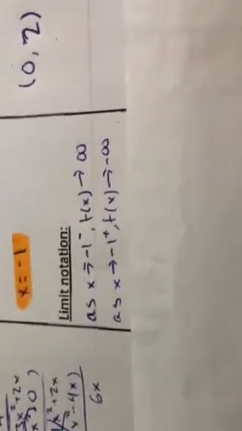To find where the asymptote is, we set the denominator equal to 0. We get x equals -1. And for limit notation, as x goes towards -1 from the left, f of x goes towards infinity, and as x approaches -1 from the right, it goes towards -infinity.